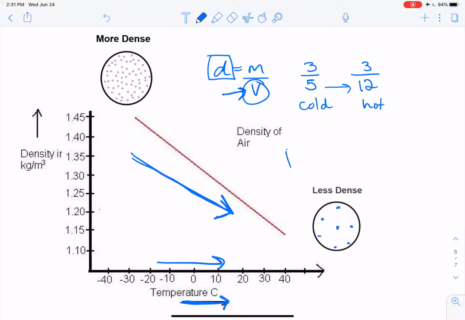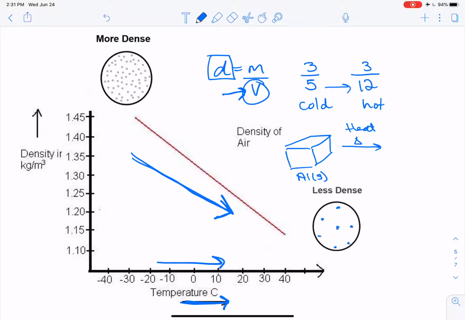Now, that works with most things. So if we think of aluminum, the solid, if we heat it up, and I'll put the triangle over the arrow. Now the triangle, the delta symbol, usually means change, but when we put it over a reaction arrow, it means heat. Okay?